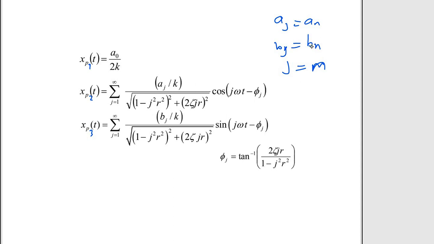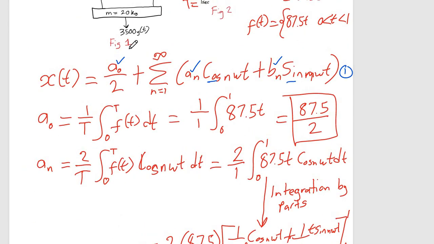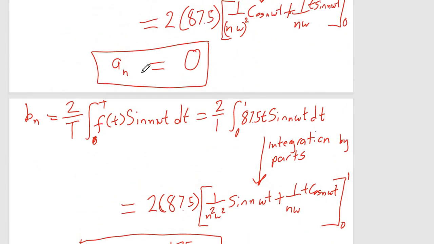So what we can do is evaluate xp1, since we have already calculated a0 and we know the stiffness k. For xp2, you still recall an was 0, as can be seen here.